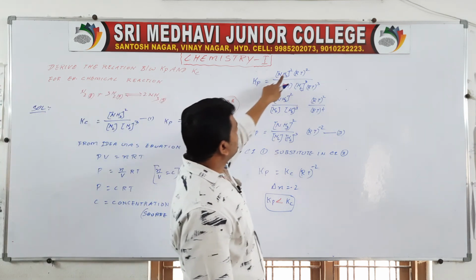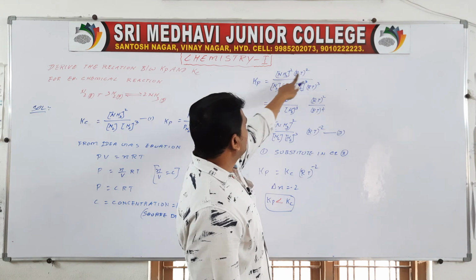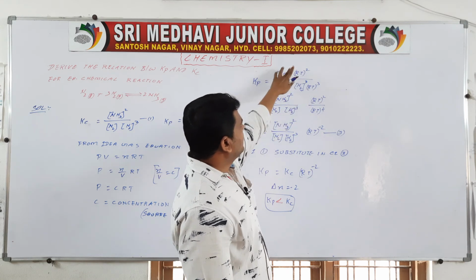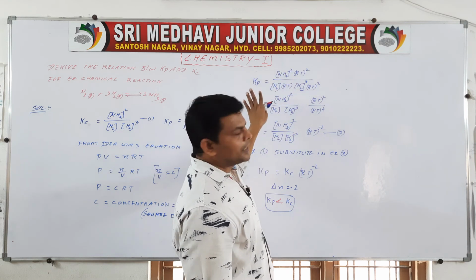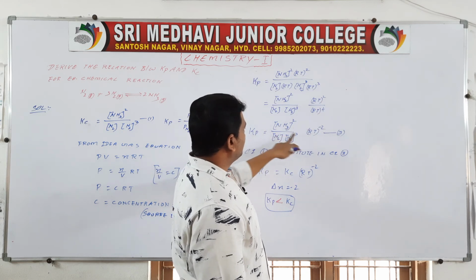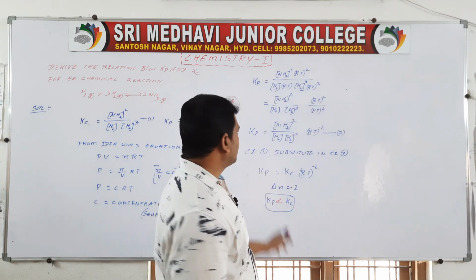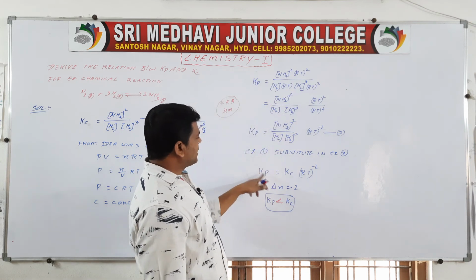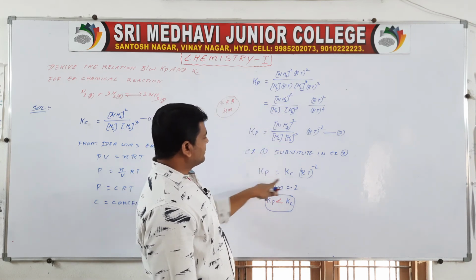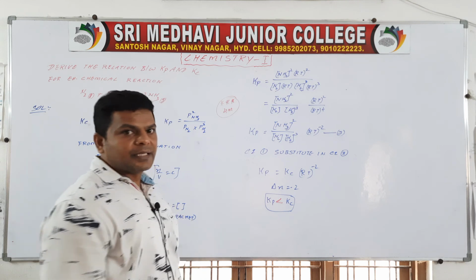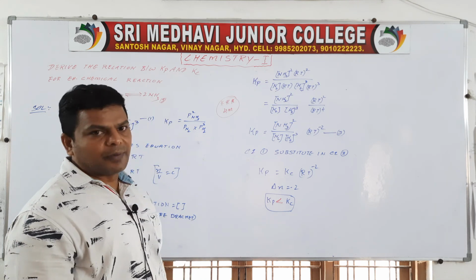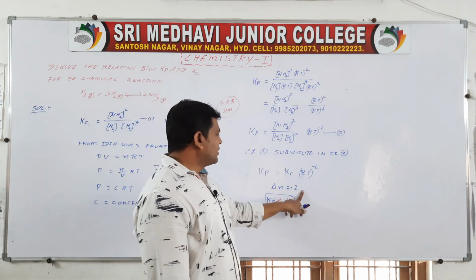So Kp equal to the products over reactants, then RT is separated, then RT power minus 4 and RT power 2 means this is RT power minus 2. So in the place of this I am writing Kc. So Kp equal to Kc into RT to the power minus 2. So delta n is equal to minus 2.